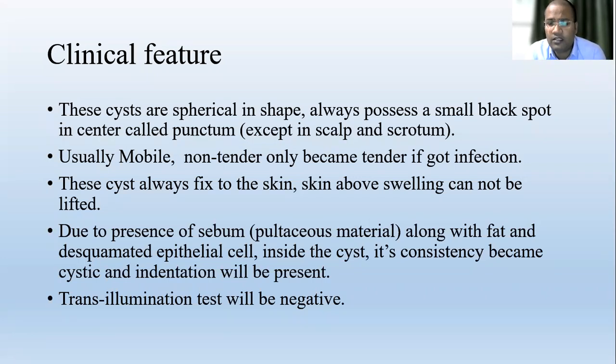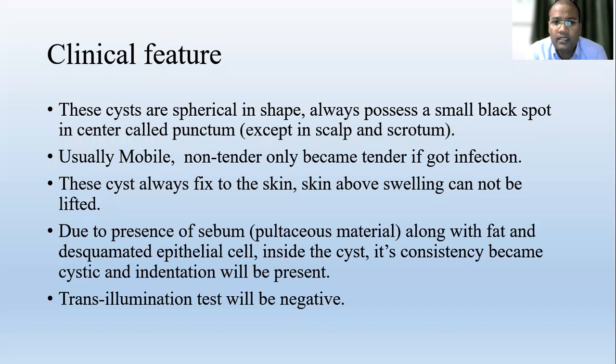This type of cyst is always fixed with the skin and mobile with the skin. These cysts can be mobile over the underlying structure, but you cannot separate them from the skin. In contrast, you can separate the skin from the lump in dermoid cyst and lipoma.